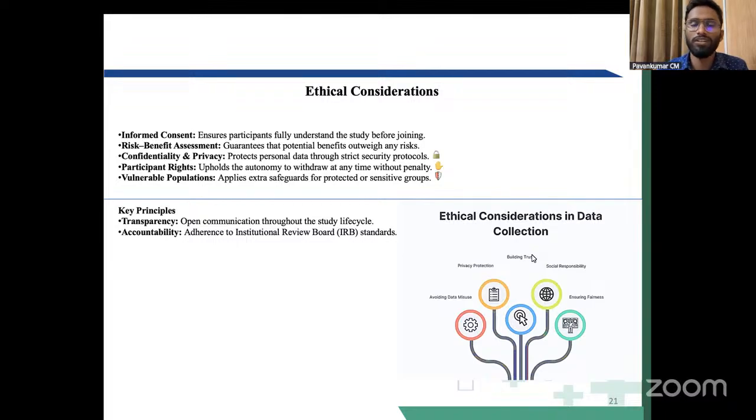Before going for the research or before enrolling, we should make the subject aware of the risks and the benefits which we are going to provide, or which he is going to get.